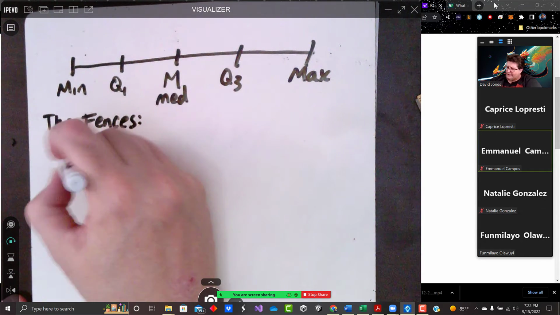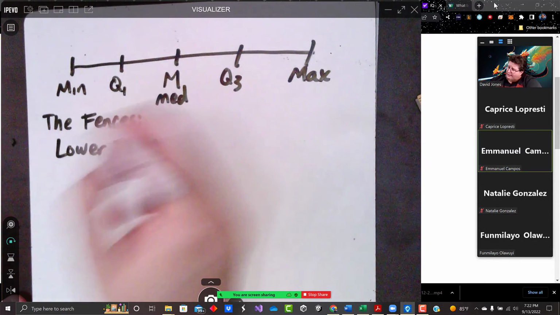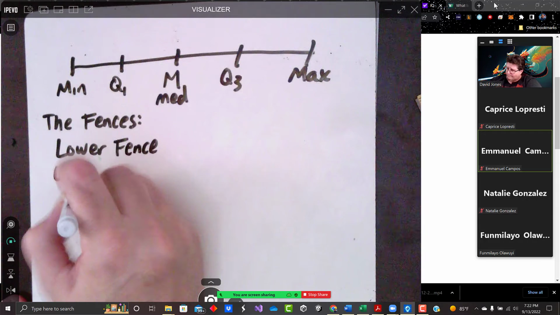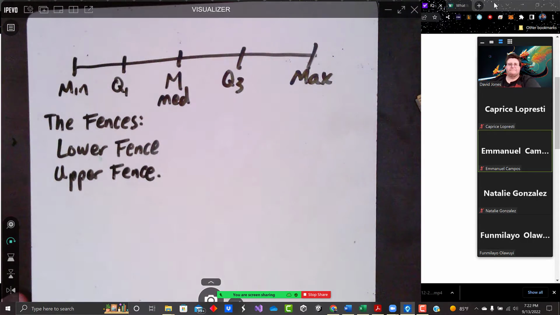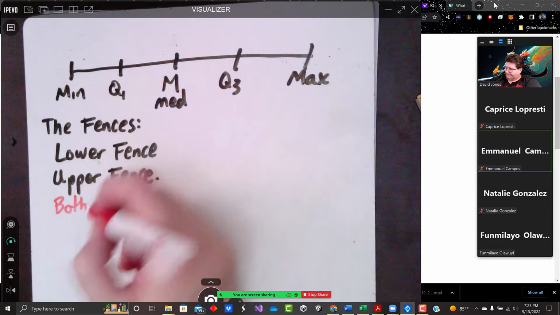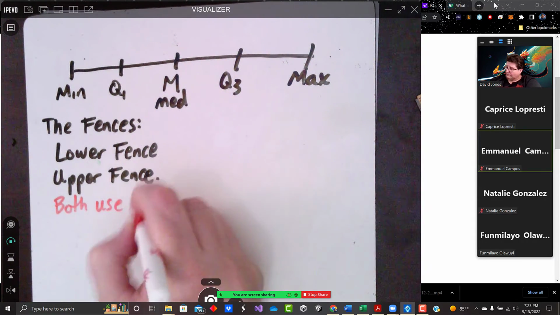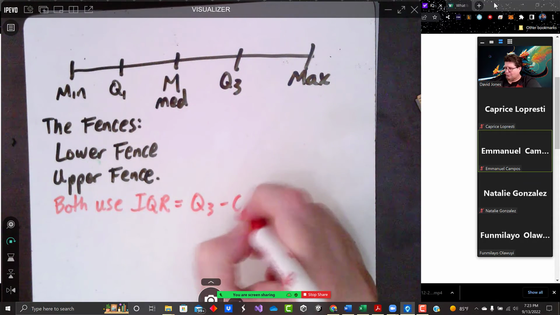There is a lower fence and there is an upper fence. Both of them require using the IQR, which, as a reminder, is Q3 minus Q1.